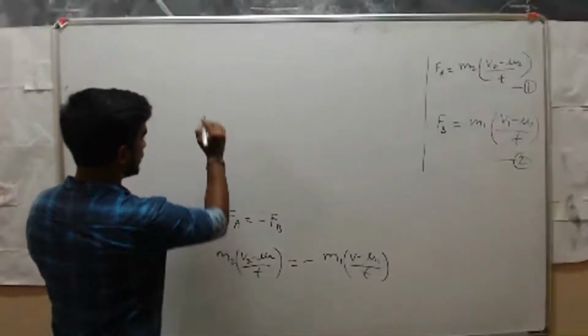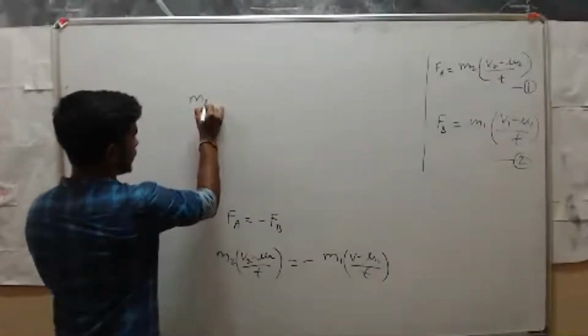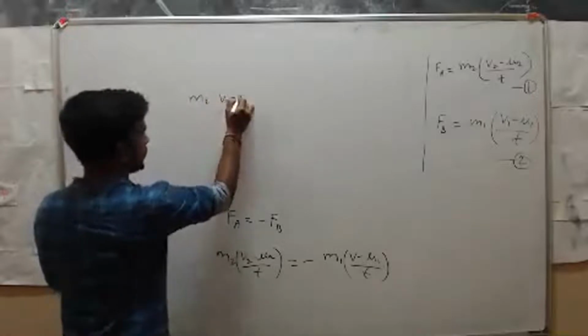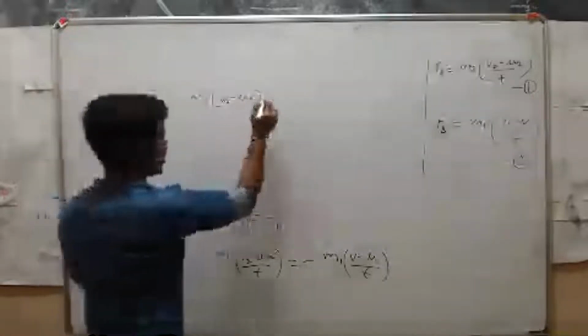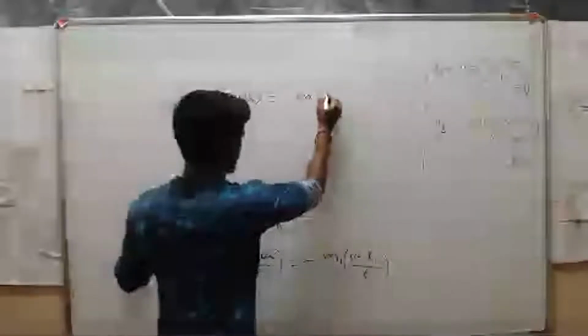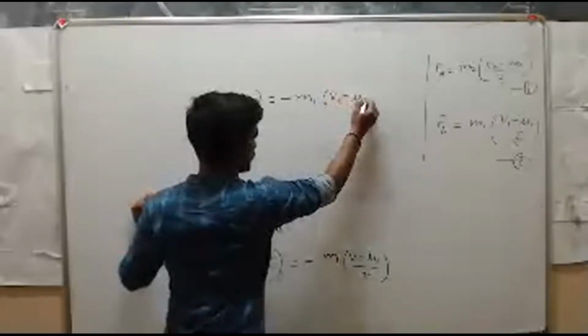Then M2 into (V2 minus U2) equals minus M1 into (V1 minus U1).